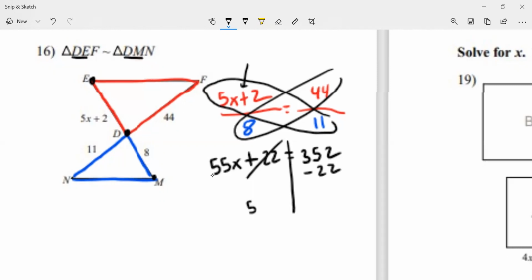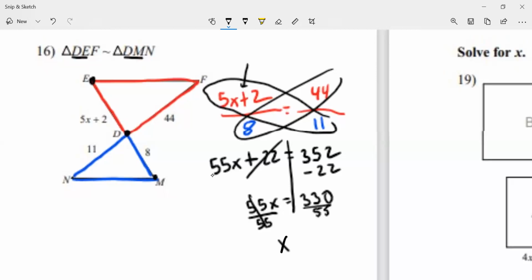That's going to give me 55x is equal to 330, right, 352 minus 22 is 330. Now to get x by itself, let me divide by the number in front of x. So let me divide by 55. I'm going to get x is equal to 6. 330 divided by 55 is just 6.